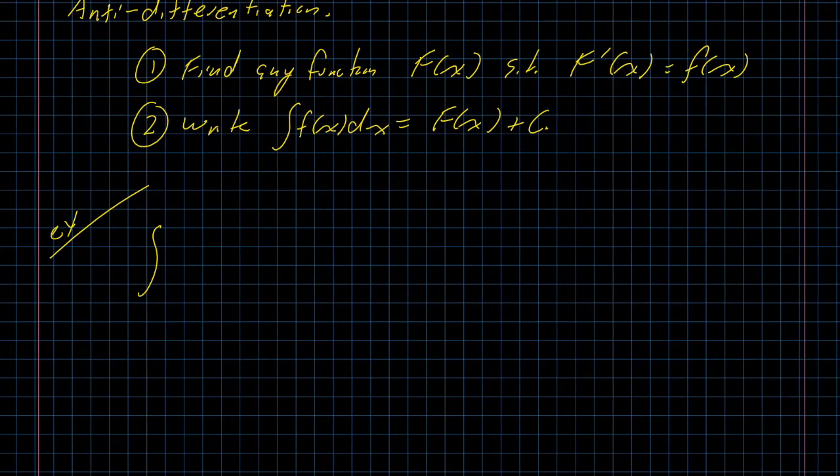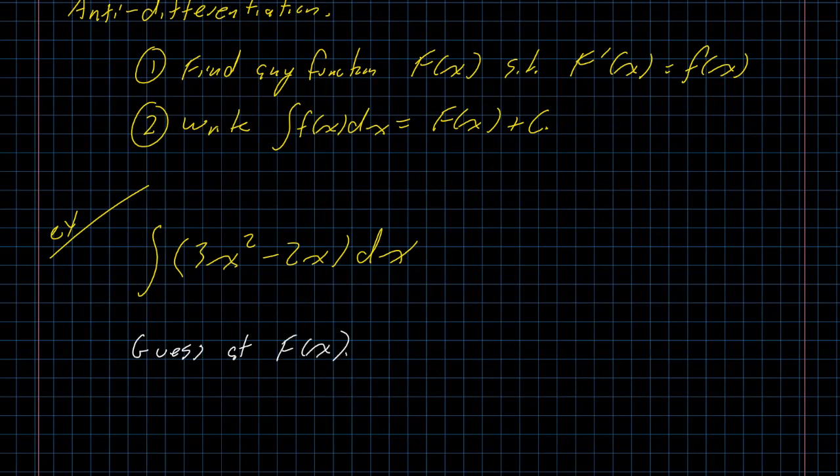So for example, if I want to try to figure out the indefinite integral of 3x squared minus 2x dx, then I'm going to try to take a guess at what capital F of x is going to look like.